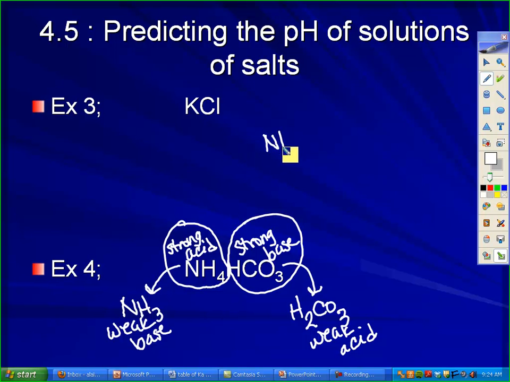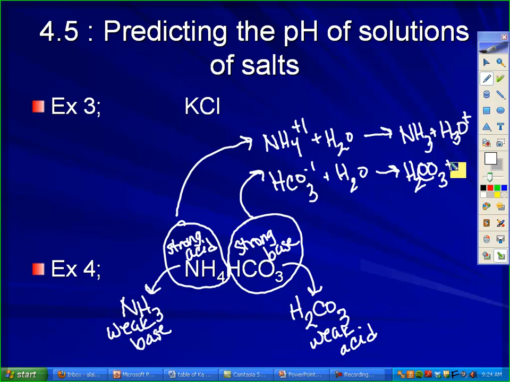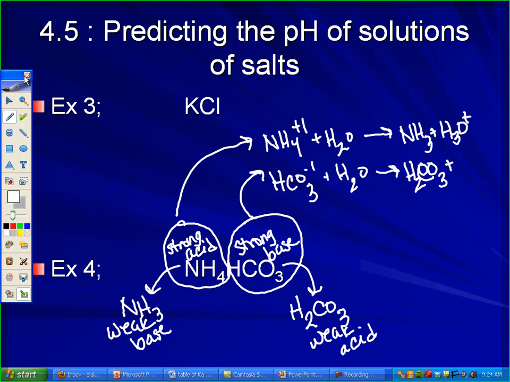So NH4 plus 1 is going to mess with water to form NH3 plus H3O plus. However, HCO3 is going to be acting like a strong base with water, and that means it's going to be picking up an H and leaving behind an OH minus 1.